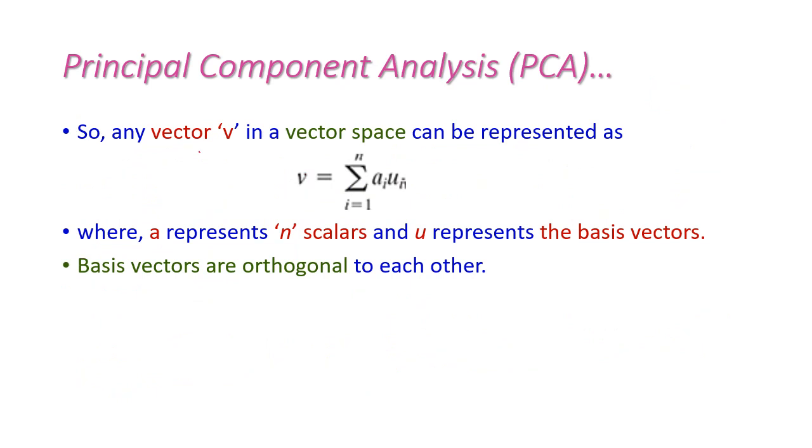Hence, a vector V in the vector space can be represented as V equal to the summation of i equal to 1 to n of a_i u_i. Here a_i are the n scalars and u_i represent the basis vectors. All the basis vectors are orthogonal to each other, that is, all are independent. There is no dependency between the basis vectors.